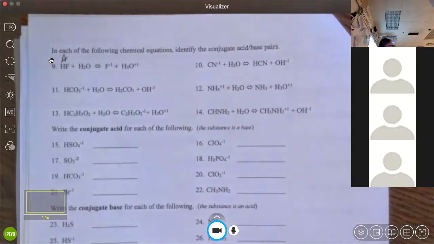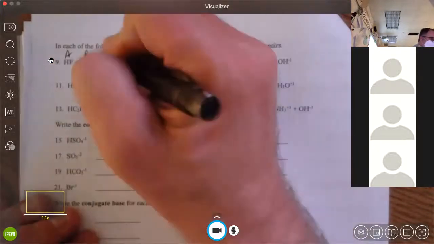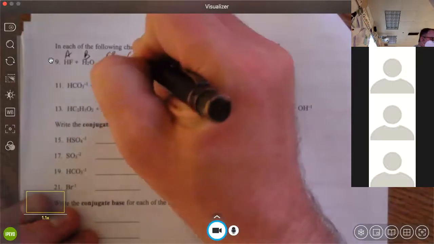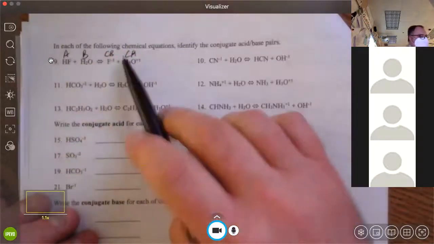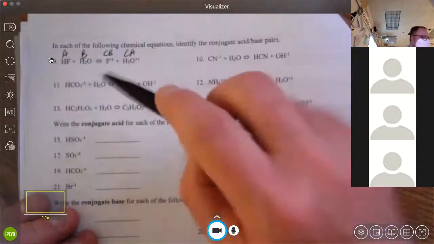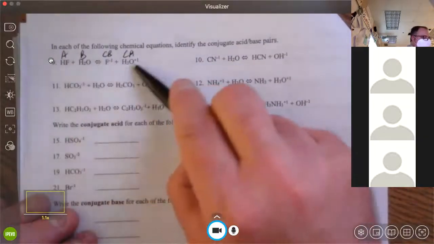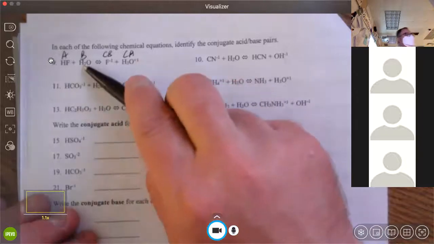Automatically, what does that make H2O in my mind? Because if there's an acid, there has to be a base. So the acid becomes the conjugate base, and the base becomes the conjugate acid. In reality, if we look at this in the reverse direction, F negative accepts an H. H3O plus donates an H.